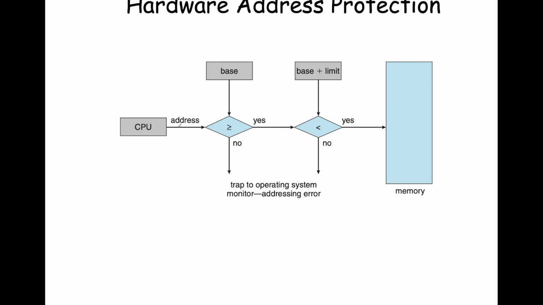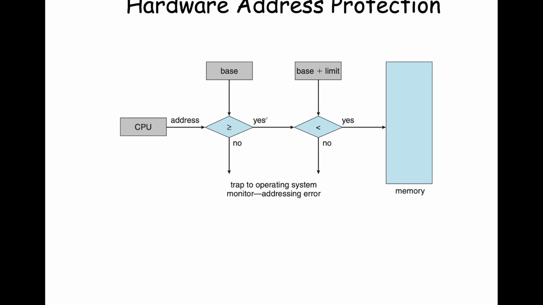And so the CPU generates a stream of addresses. It checks the base register to see: is that address generated greater than or equal to the base address? If it's no, it traps to the operating system, and you raise an error that you are trying to access memory that does not belong to you, you being the process.